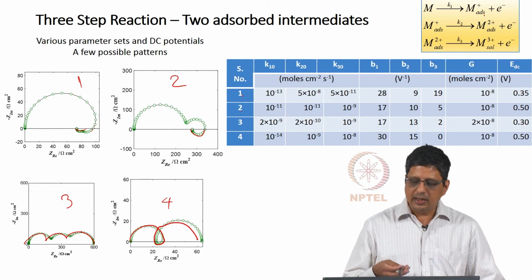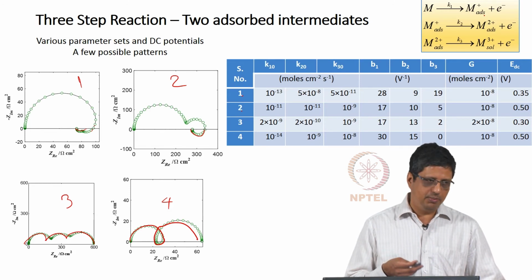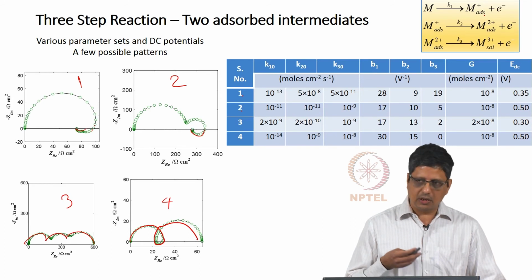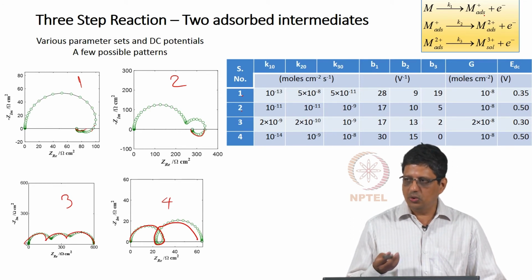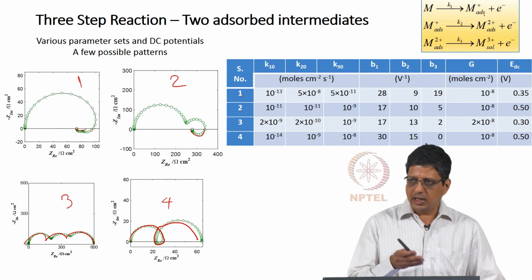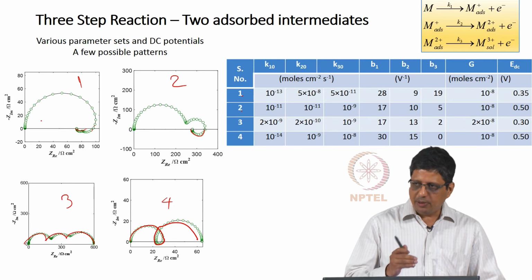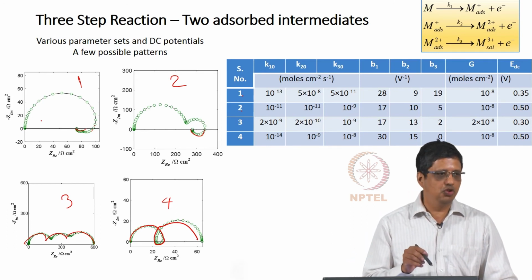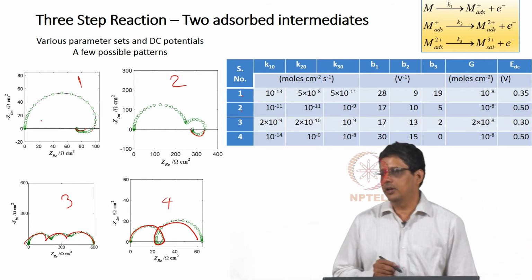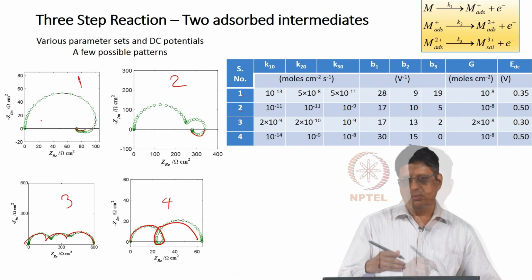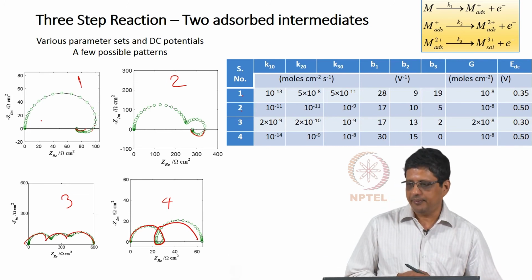I have not tried that, but the idea is if you have 2 adsorbed intermediates, it is possible for you to generate 2 capacitances or 1 capacitance and 1 inductance or 2 inductances in whichever order, in the higher frequency or lower frequency range where it manifests itself, and this is apart from the first capacitive loop you get at high frequency for double layer capacitance and charge transfer resistance. Okay.